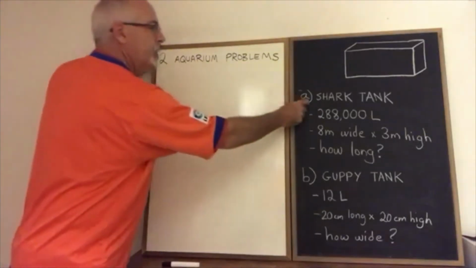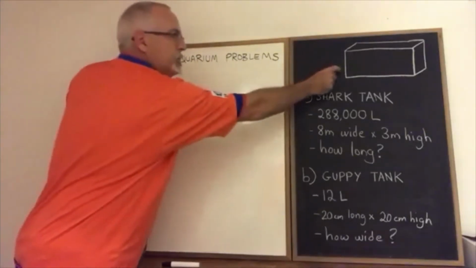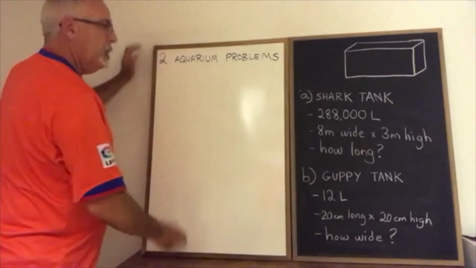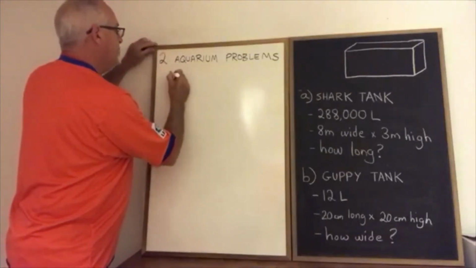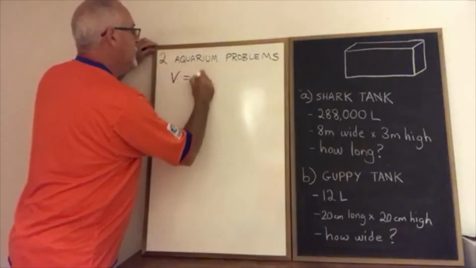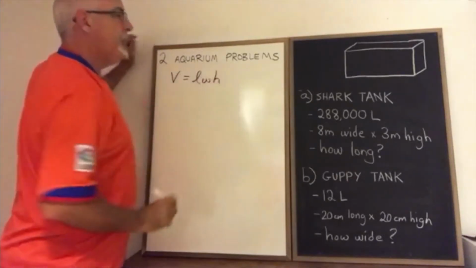Starting with the shark tank, we know it's a right prism, and we know the volume formula for the right prism. Volume equals length times width times height.